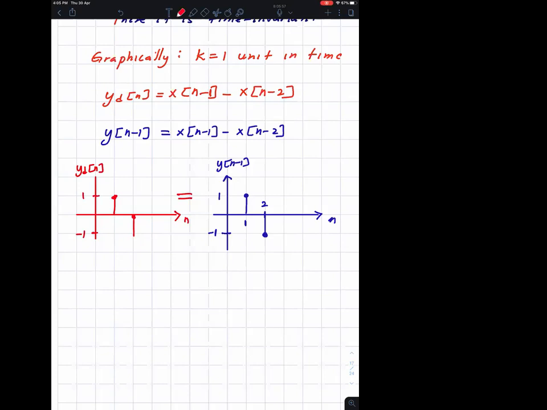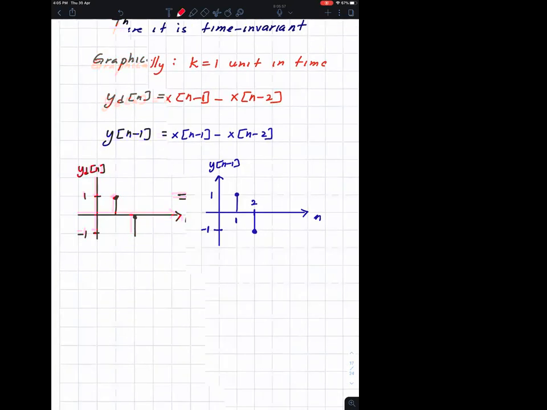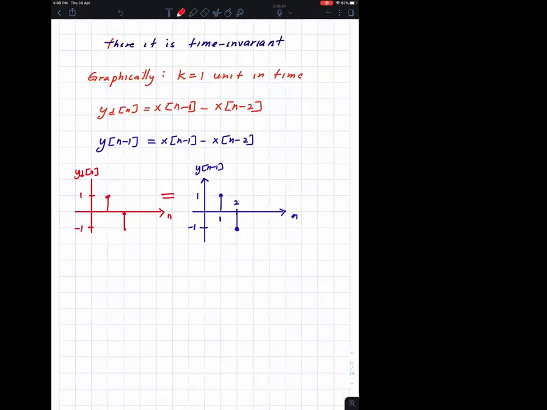There's another way to look at it. You should be able to look at this equation wise and also graphical wise. But then, instead of giving an equation, if you're given signal plots, you should be able to tell, is it time invariant? Now you can see there's no difference between this and 2.